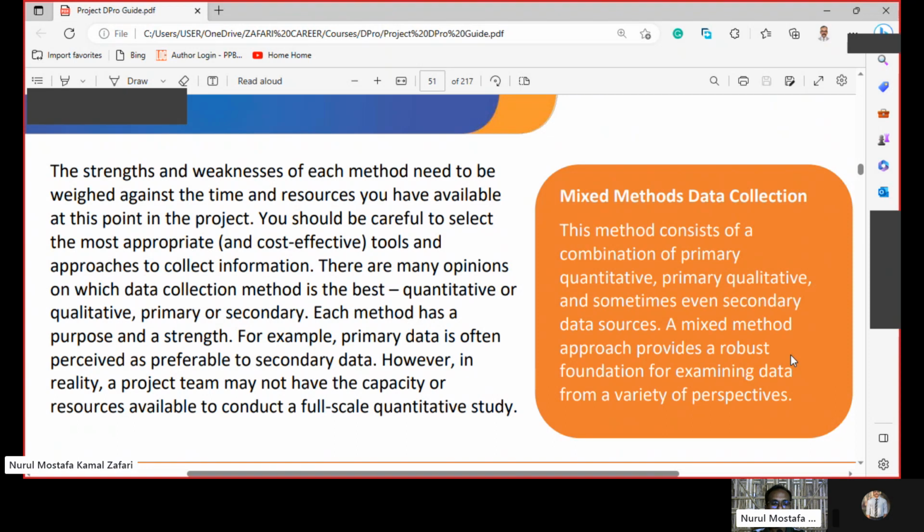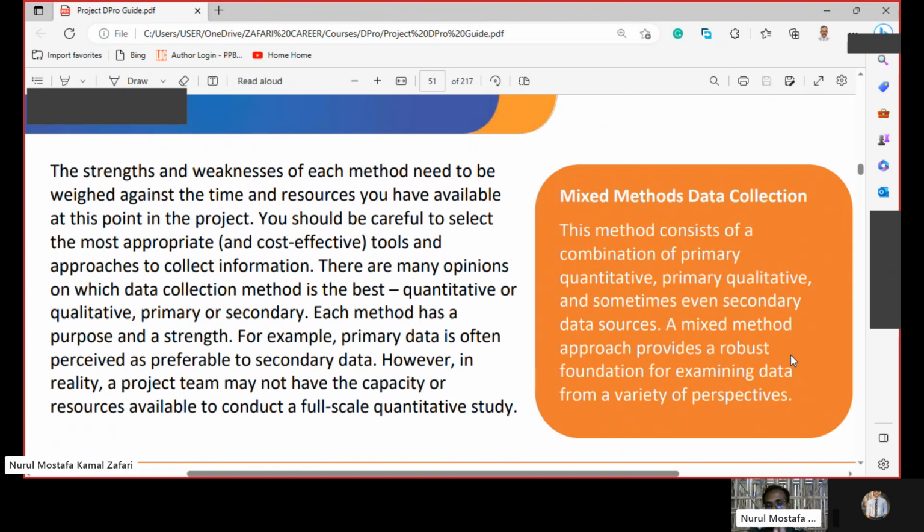There are many opinions on which data collection method is the best: quantitative or qualitative, primary or secondary. Each method has a purpose and a strength. For example, primary data is often perceived as preferable to secondary data. However, in reality, a project team may not have the capacity or resources available to conduct a full-scale quantitative study.